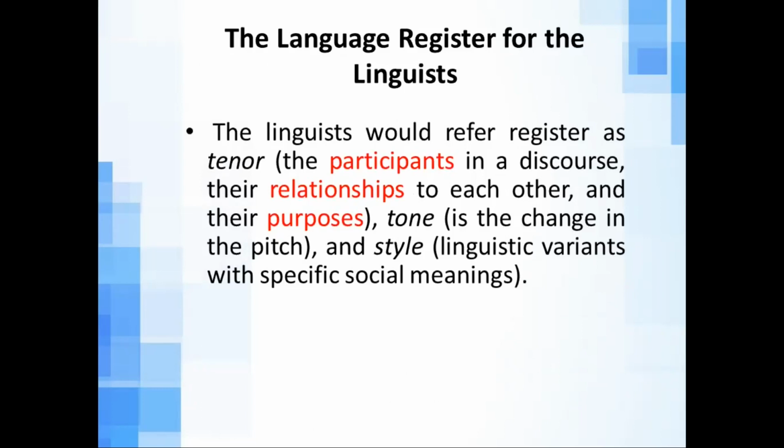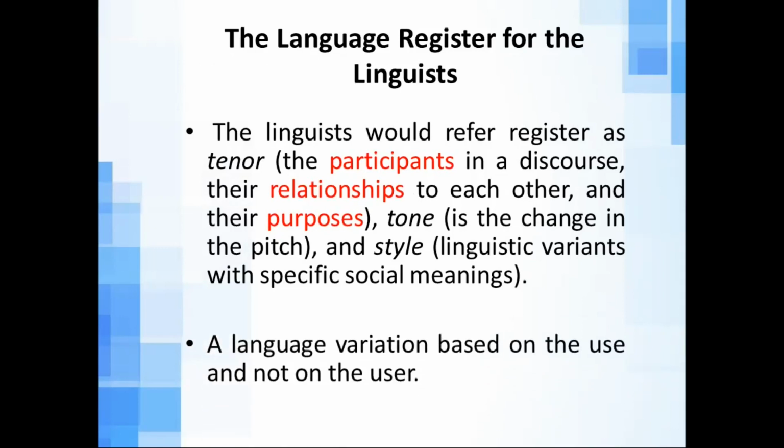To give a concrete example, guys, let's take a look at this one. The linguist would refer to register as tenor, or the participants in a discourse, or describe it in terms of the roles required of the communicators, including the cultural values shared by both, and then the discourse, the tone, which refers to the change of the pitch, and the style, which explains the linguistic variance with specific social meaning.